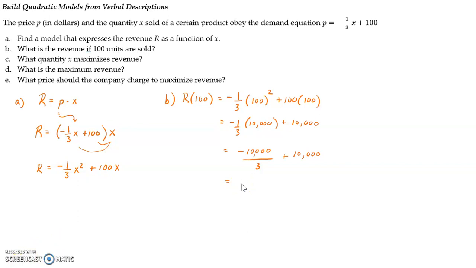And since we're working with money, let's take this out to the nearest penny. So this is going to give us $6,666.67.